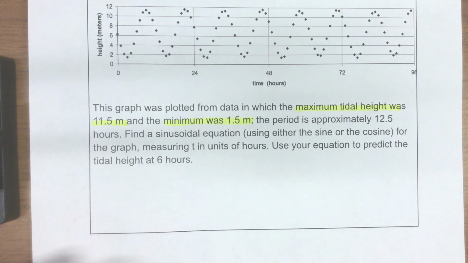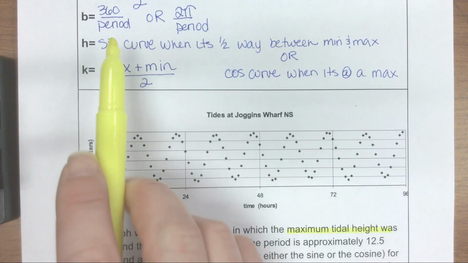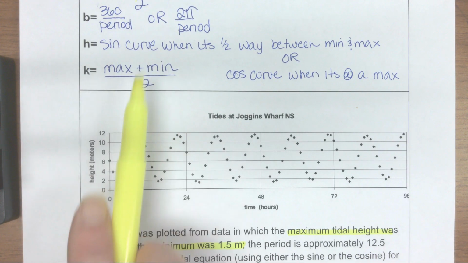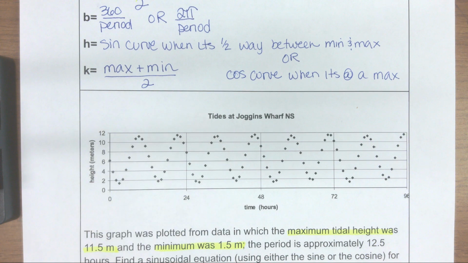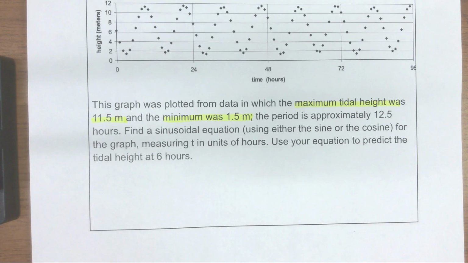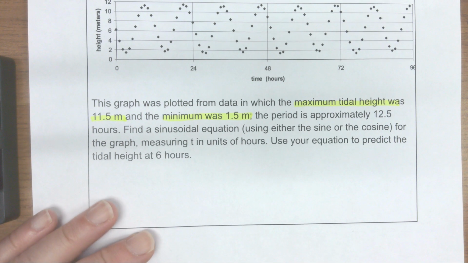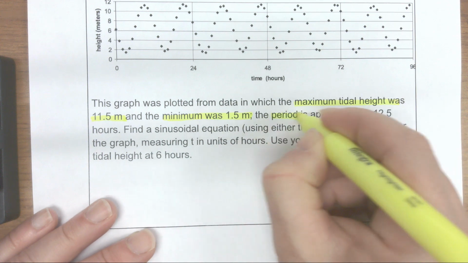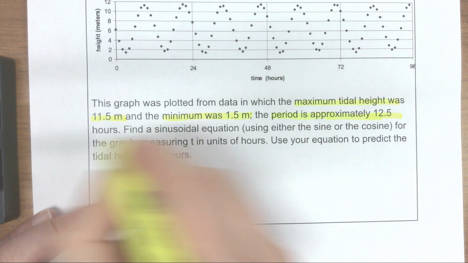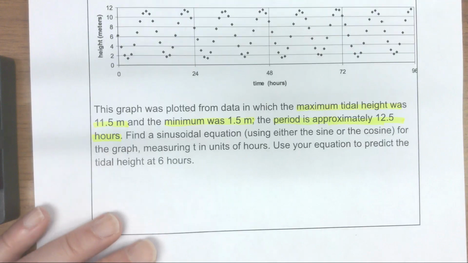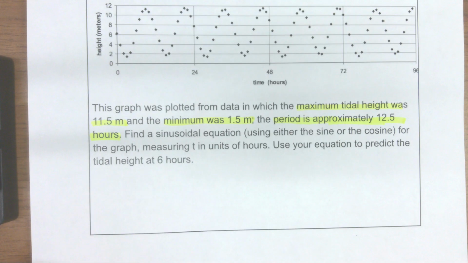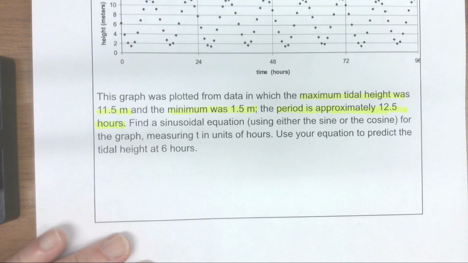That is going to help us figure out our A and our K, isn't it? Okay. The period is approximately 12.5 hours. Find a sinusoidal equation, use either sine or cosine for the graph measuring t units in hours.